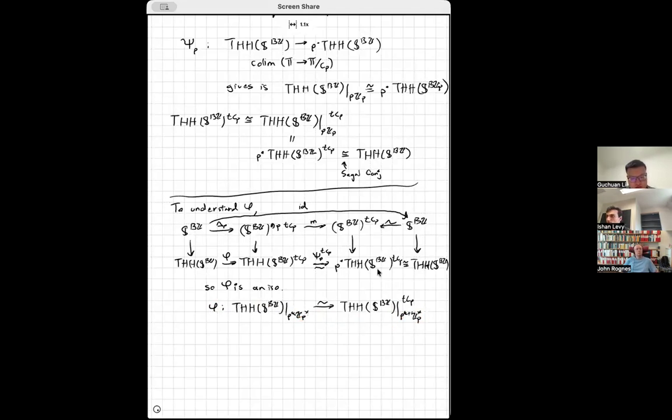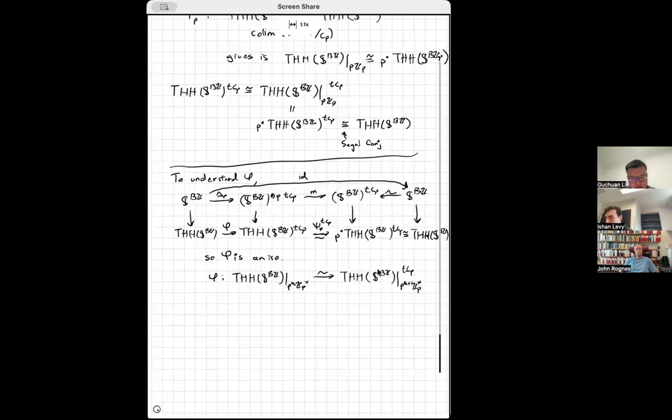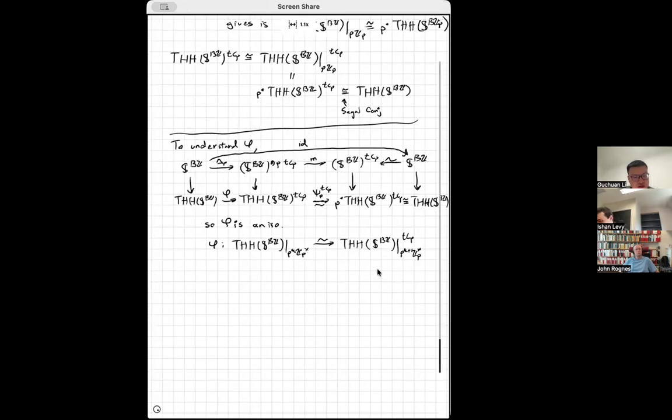And so now we kind of understand everything. I'll explain in what sense. We were interested in understanding the failure of this limit comparison map to be an equivalence, right?